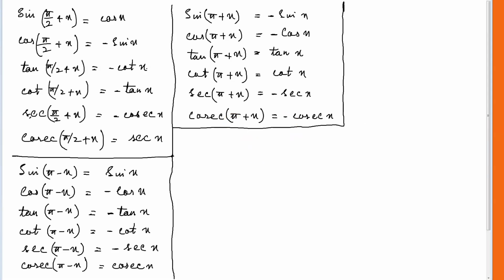And the fourth part and the last part that we had here was the sine of 2 pi minus x. Then we had the cos of 2 pi minus x. Then we had the tan of 2 pi minus x.